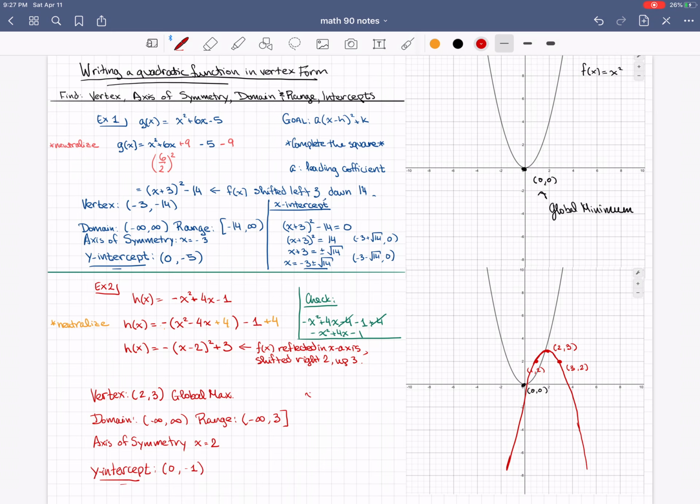For the x-intercepts, again, I like to look at the vertex form for this. Again, I'm expecting 2 of them. So I have negative x minus 2 quantity squared plus 3 equals 0. So I'm going to subtract 3 from both sides. Then I have this negative on the left, so to get rid of it, I'll divide both sides by -1. So x minus 2 squared is 3.